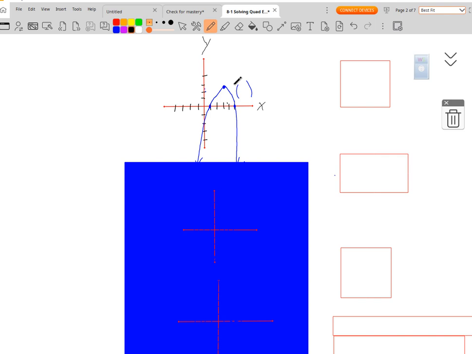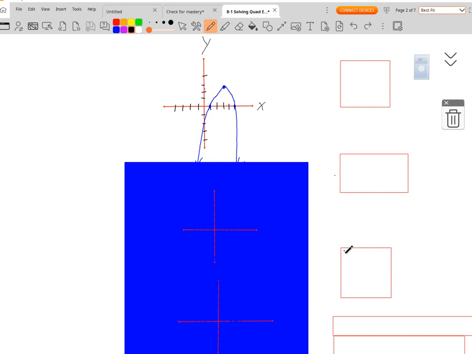So this is going to be a quadratic equation. This is a parabola. So this is the graph of a quadratic equation. And looking at this parabola, I know what the solution to this quadratic equation is based on the graph.